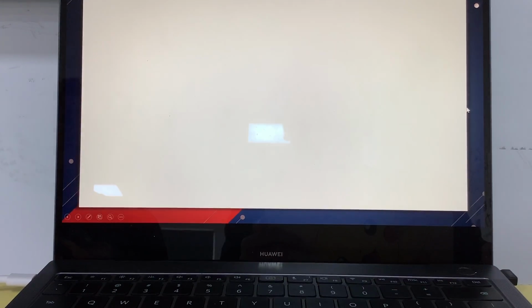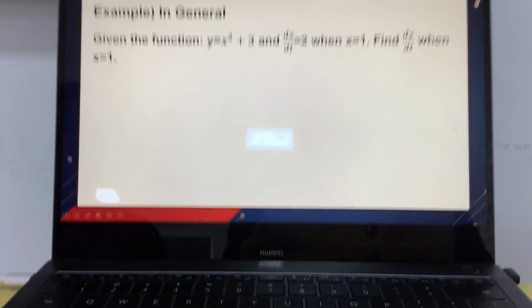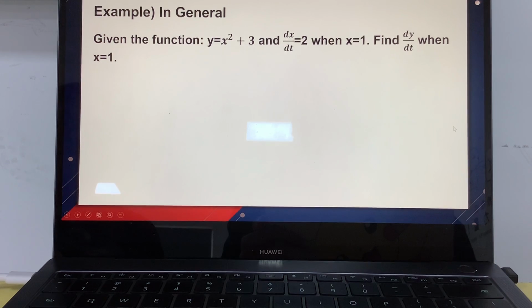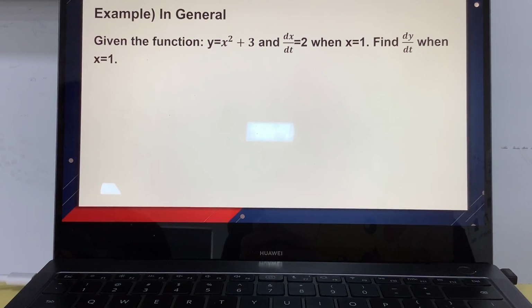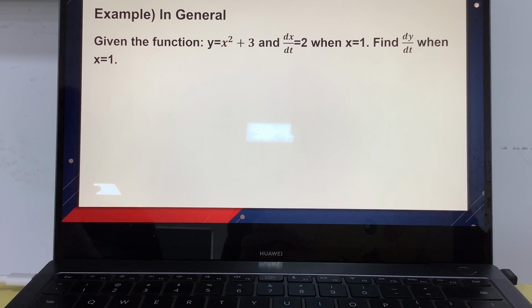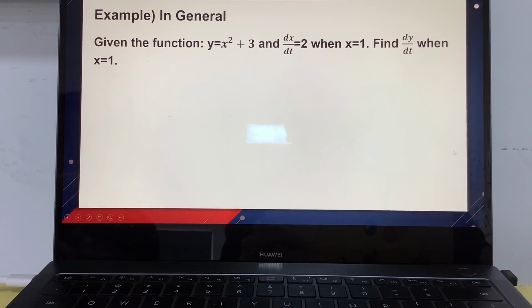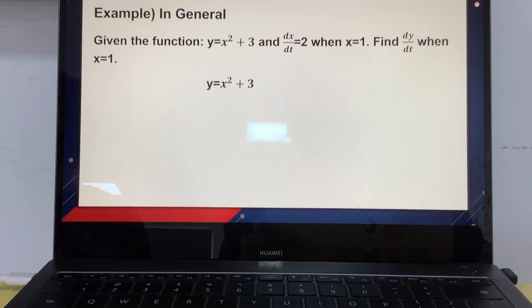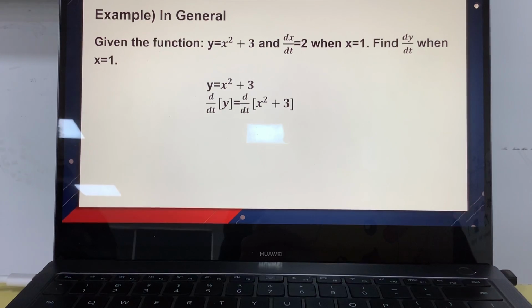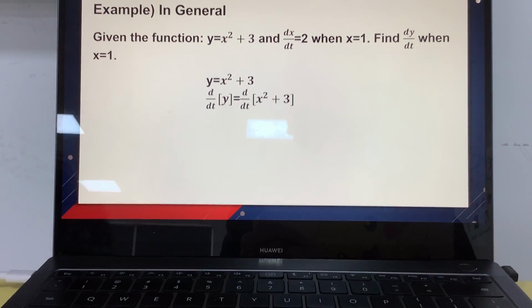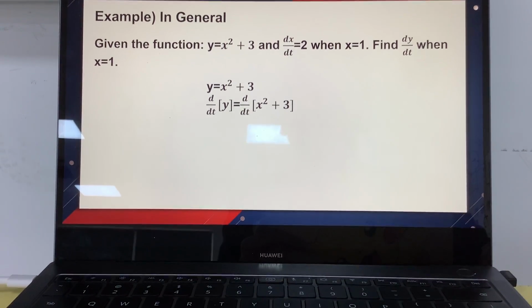So our example in general gives the function y equals x squared plus 3, and dx over dt equals 2. When x equals 1, find dy over dt. So we have the original equation y equals x squared plus 3, and d over dt of y equals d over dt of x squared plus 3.